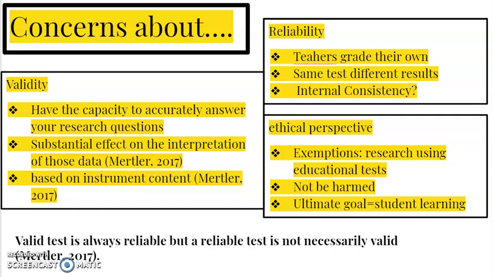The ethical perspective: educational tests are listed under exemptions for research, but that doesn't mean we still aren't looking at whether or not children are harmed during the process of administering these assessments. So that has to always be at the forefront, with the ultimate goal being student learning.